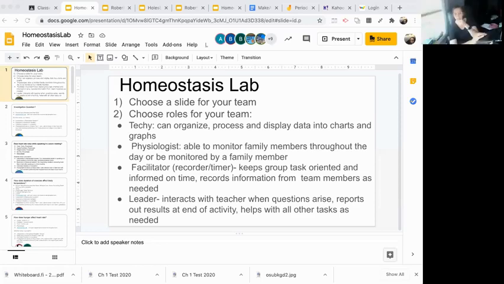Nisa. I want to do temperature depending on the time of day. Okay. I'm gonna do time of day for that one. Vanessa. I would do temperature. Okay, April. Temperature depending on time of day.